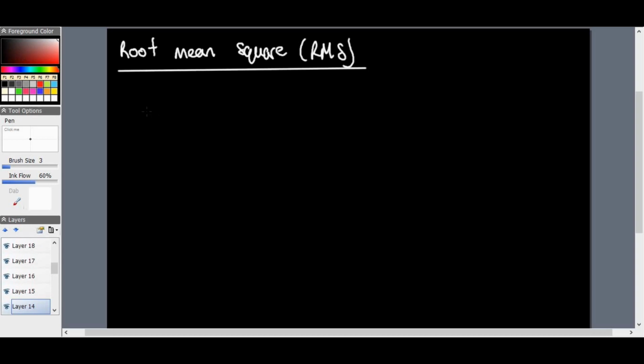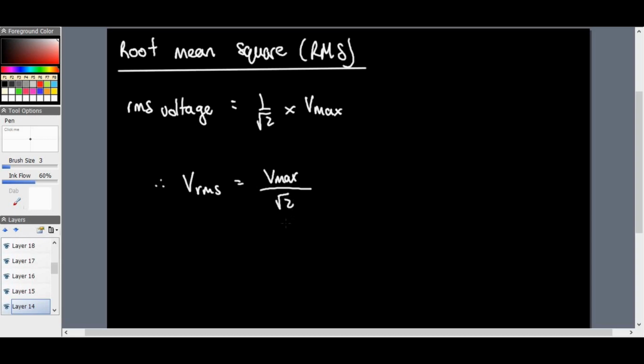So what we do is we call this the root mean square of voltage, or the root mean square of current. So what we'll have is something called Vrms, which will basically be equal to 1 over square root 2 multiplied by the maximum voltage. So the formula will look like this: Vrms equals Vmax divided by square root 2.